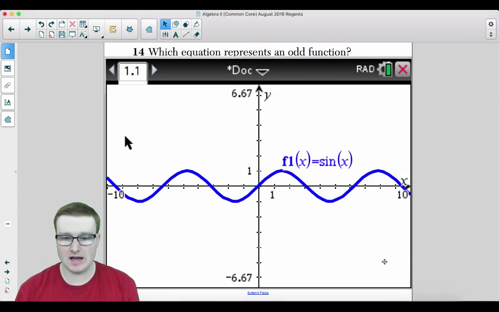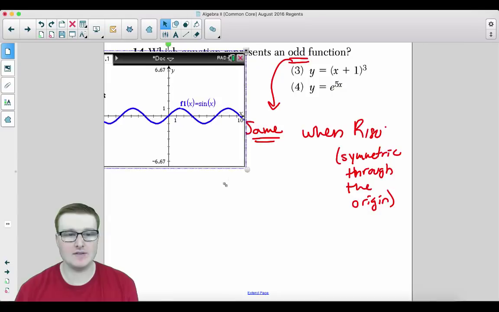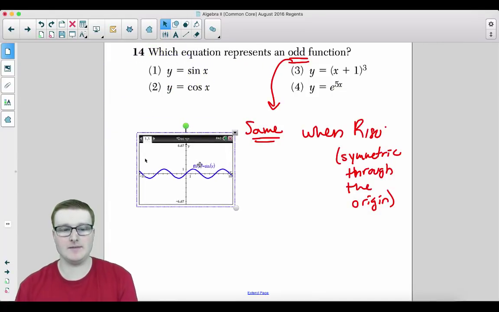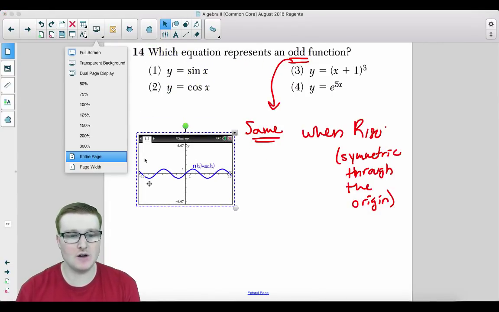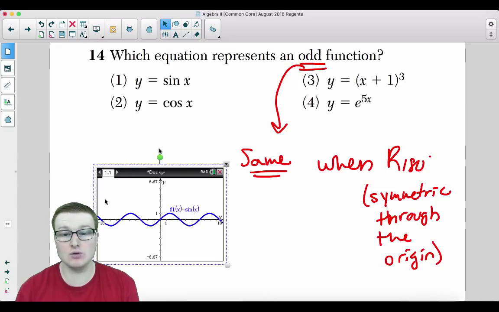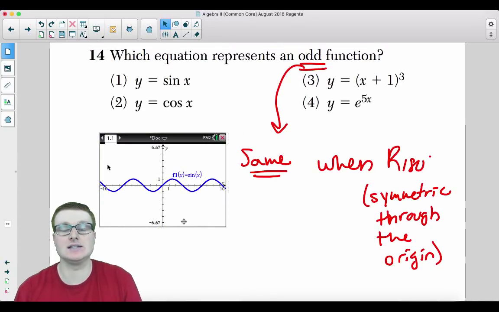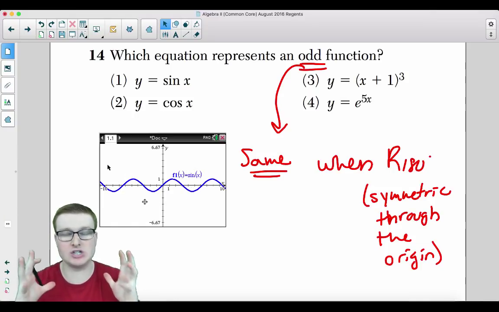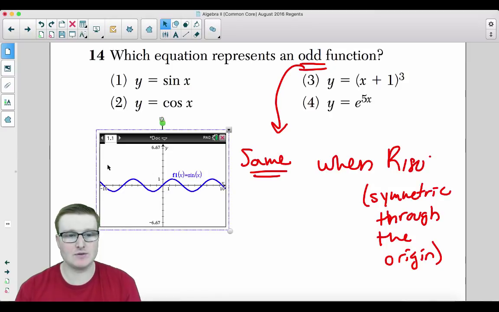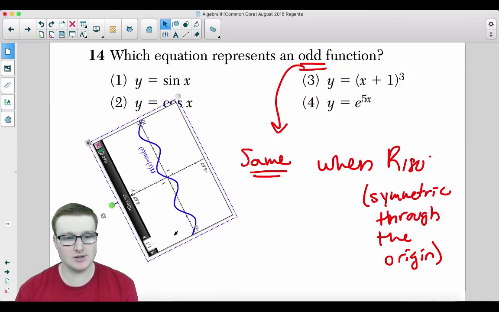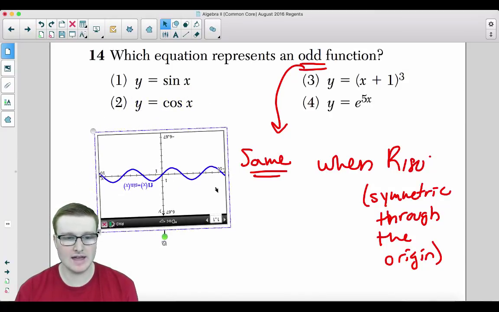So what you're trying to find is whether or not this is an odd function, okay? And remember what I just said. An odd function means that you could rotate it 180 degrees and still maintain the same graph. So this is just itself at 0 degrees. And if I rotate it 180 degrees around, look at that.